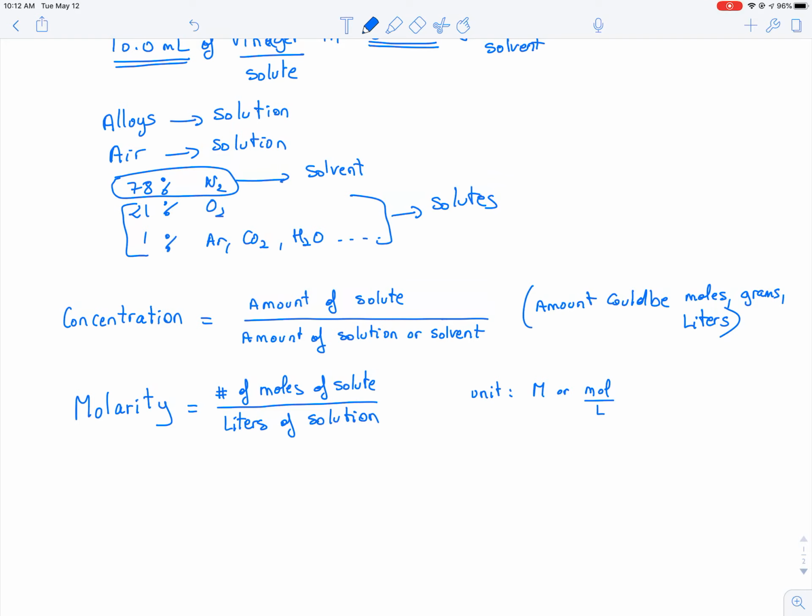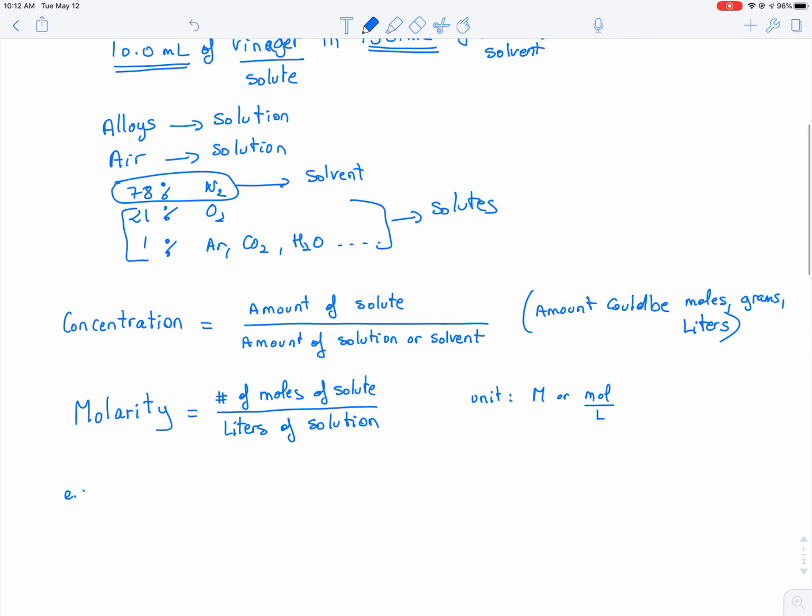Okay, so we can just go ahead and do an example right now on molarity to see how you can solve for that. So I have an example here for you.